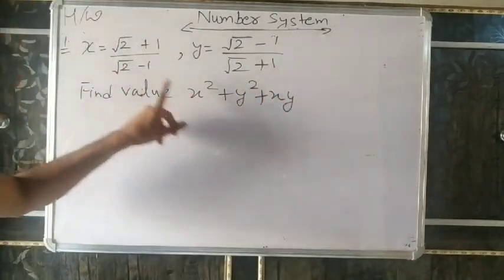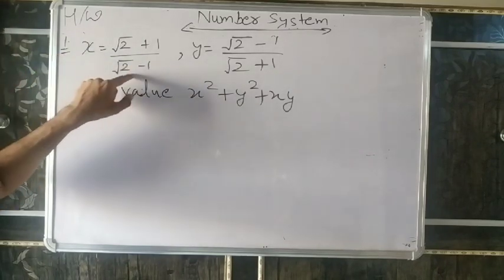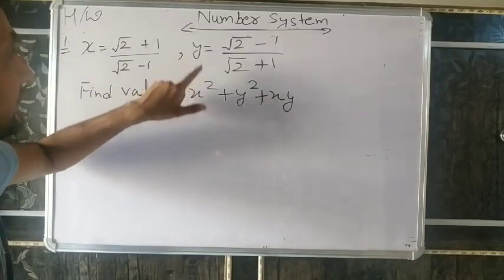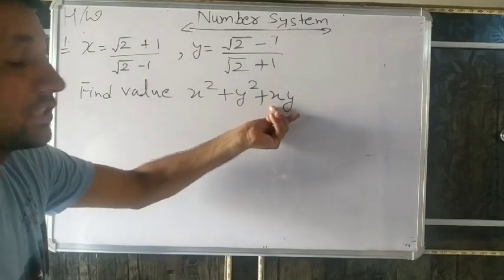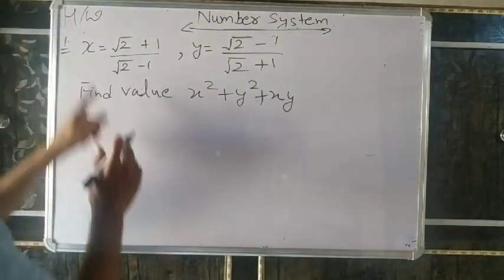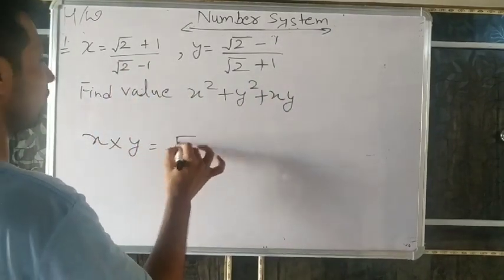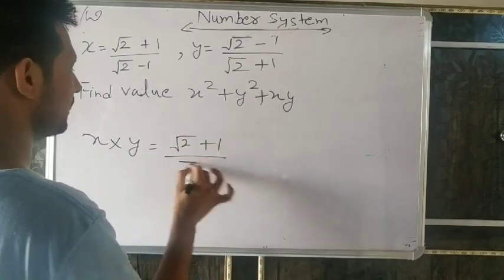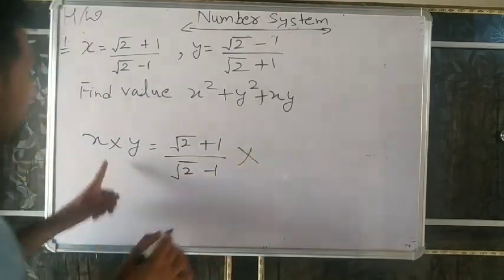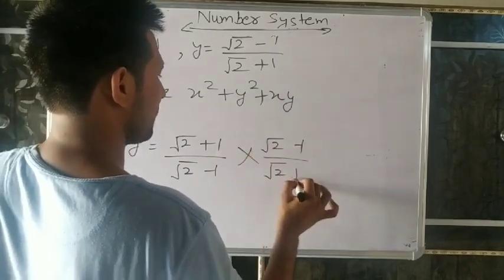First we will find the value of x square. How will you find it? First find the value of x by rationalizing, then square. Same for y. And next is x into y. Multiply x into y: root 2 plus 1 over root 2 minus 1, times root 2 minus 1 over root 2 plus 1.